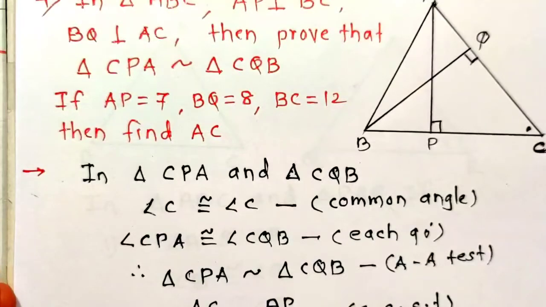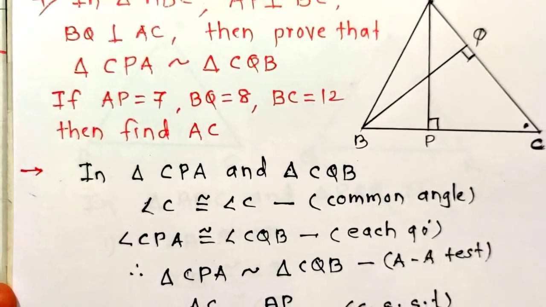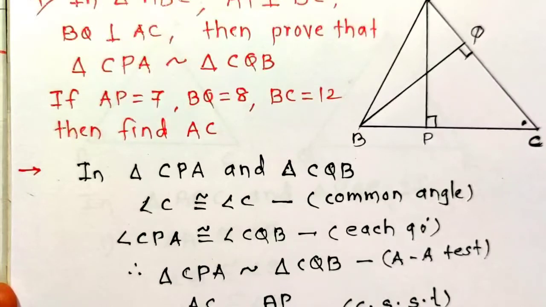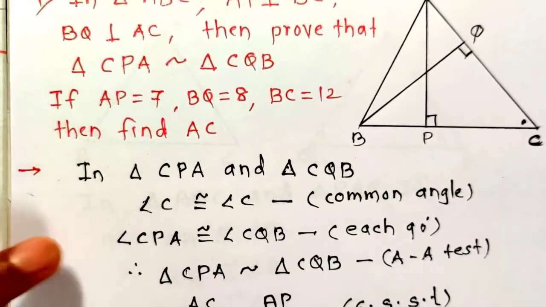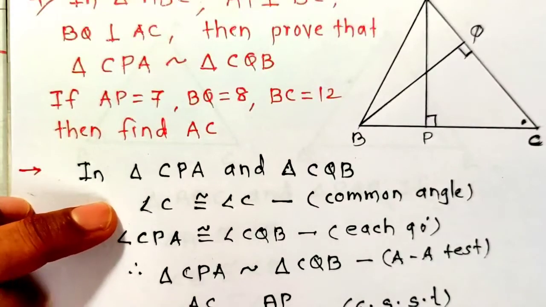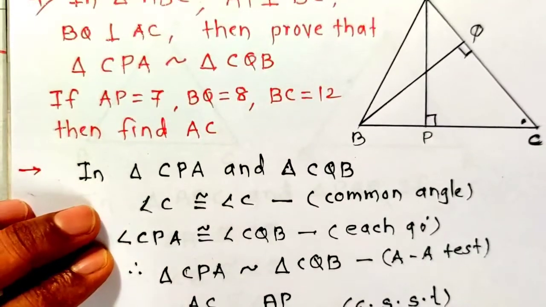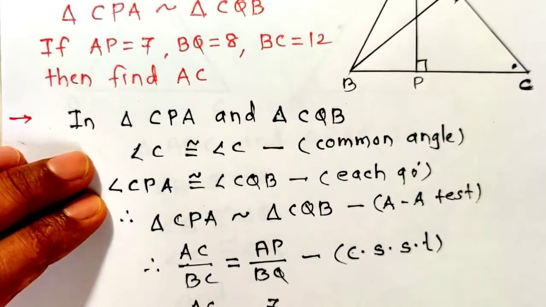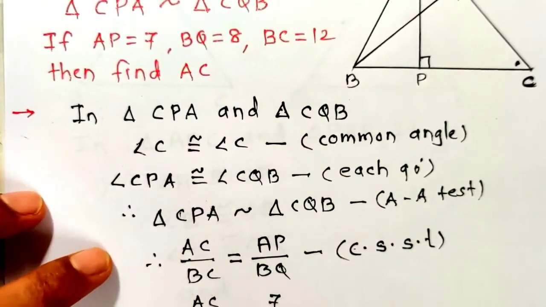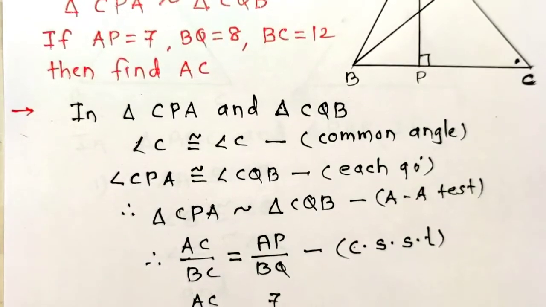If we can show two pairs of corresponding angles congruent, then the triangles become similar by the AA test. So angle C is congruent to angle C, and angle CPA is equal to angle CQB. These two pairs of corresponding angles are congruent. Therefore by the AA test these two triangles are similar.